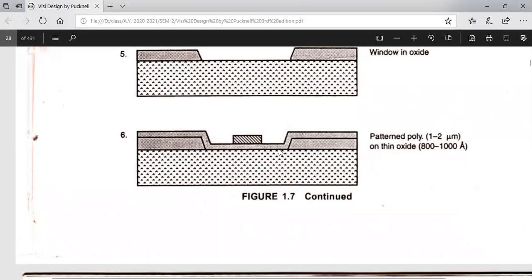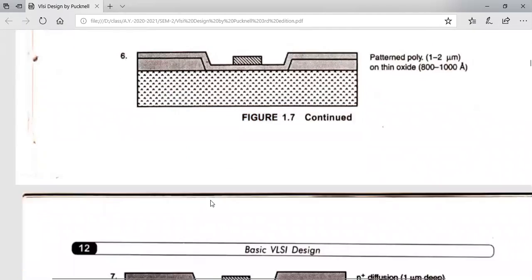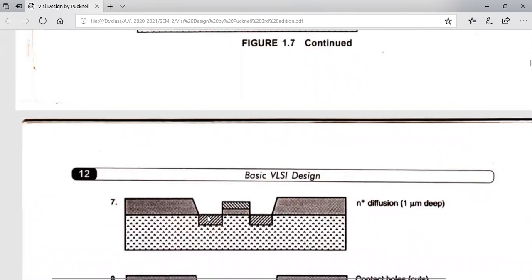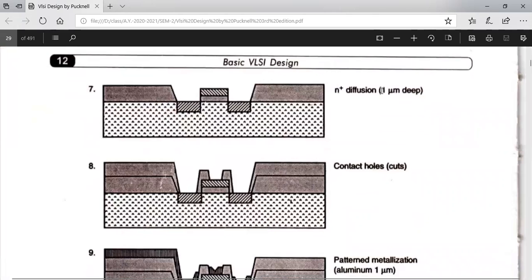Then what about the sources and the drains, which have to be formed here and here? With the help of the N plus diffusion process, 1 micrometer deep, I am forming N plus regions on the left and right sides, which will act as the source and the drain.